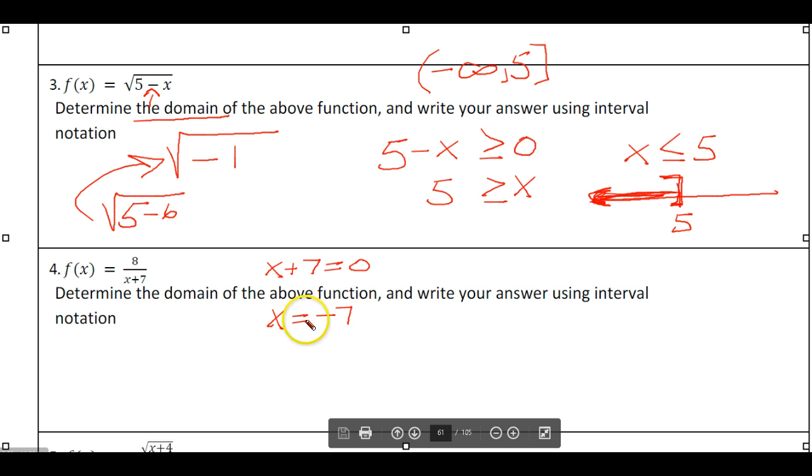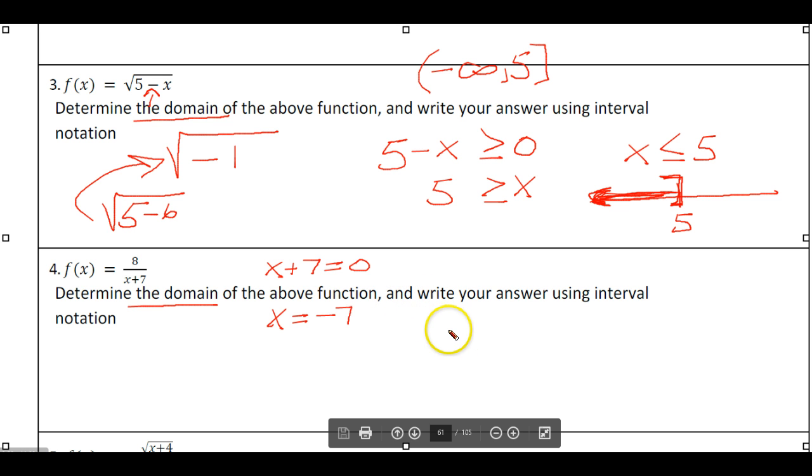So if x were a negative 7, let's check it out. Negative 7 plus 7 makes our denominator a 0. So that value needs to be excluded from the domain.